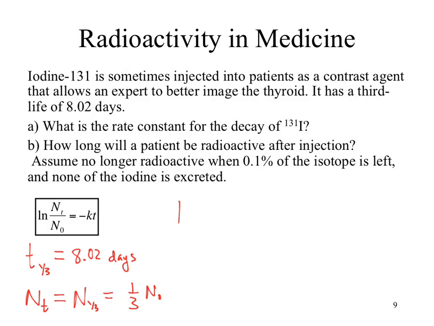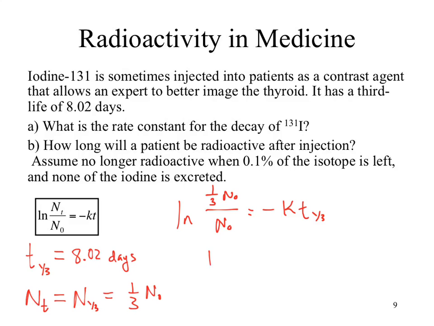We said the natural log of N sub t, what did you say N sub t was equal to? 1/3 of N sub 0, divided by N sub 0, equals negative kt. What's special about that t? It's the third life. Do we care what N sub 0 is? No. Why not? It cancels out of the equation. We don't have to worry about it.